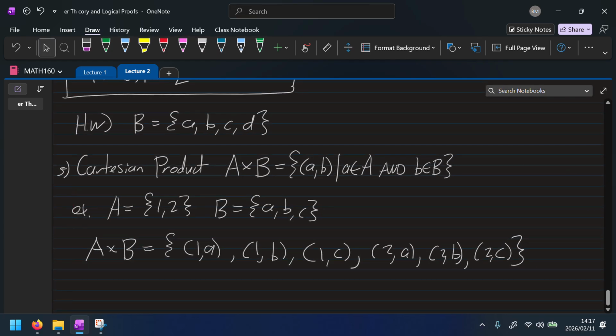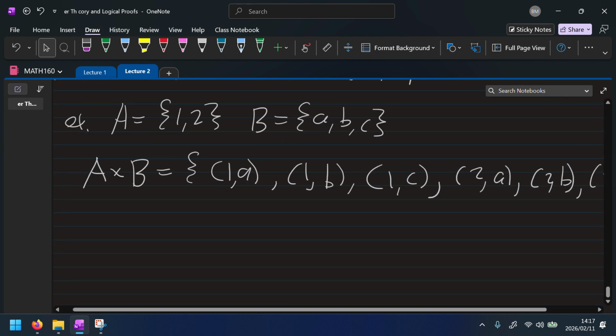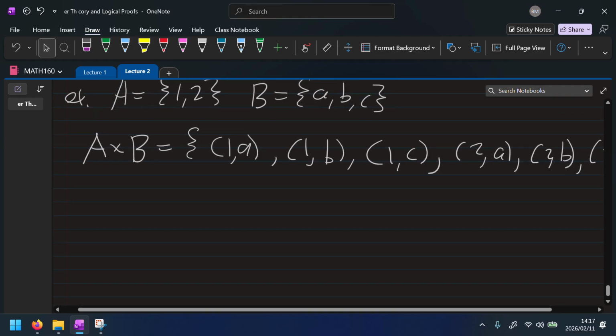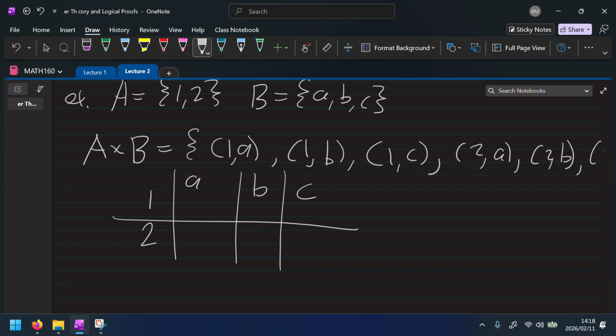So you just loop through both sets until you have all of the possible pairs. Another way to look at all of the pairs between two things is to write A as 1, 2, and B as a, b, c, and look at all of the pairs this way.